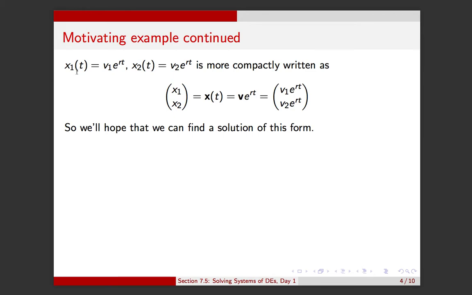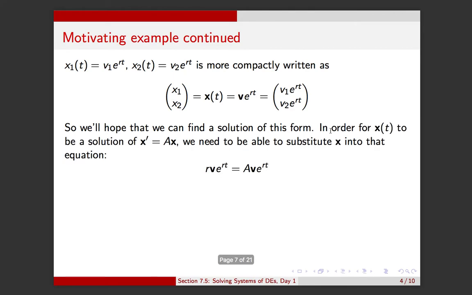Instead of having to write x1 equals this, x2 equals this, we're just going to write it in this matrix form, knowing that the top coordinate is x1 and the bottom coordinate is x2. Well, in order for that to work, I have to be able to substitute this bold x vector into the matrix equation, this differential equation here. You have to substitute it in and get something true.